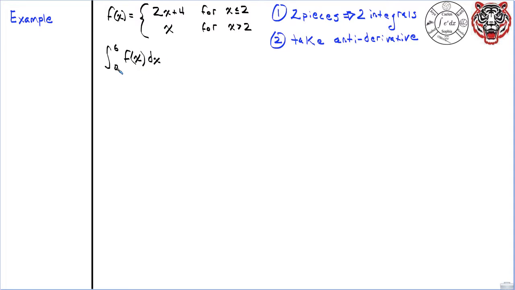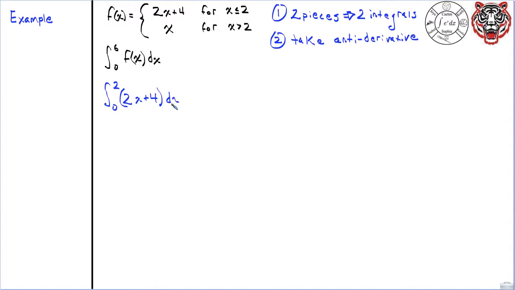So I need to go from 0 to our suspect point, so 0 to 2. So my first, okay, switch back to blue because it's no longer the example. I'm going to go from 0 to the suspect point of the function, and the function for this first part from 0 to 2, when x is less than 2, is 2x plus 4.